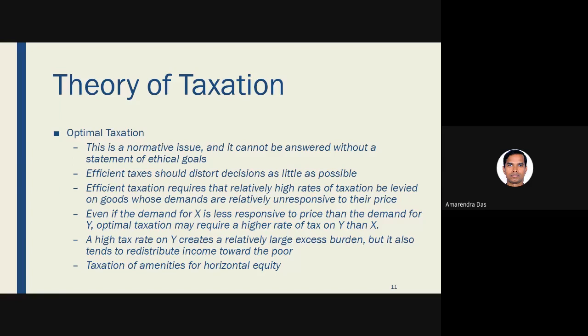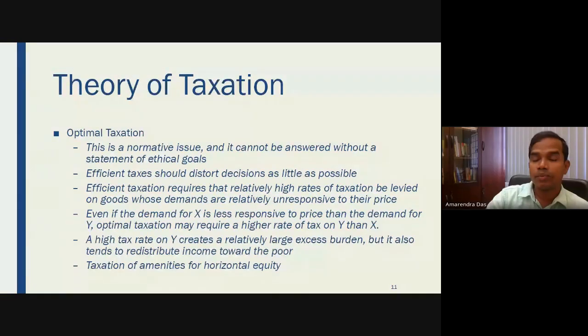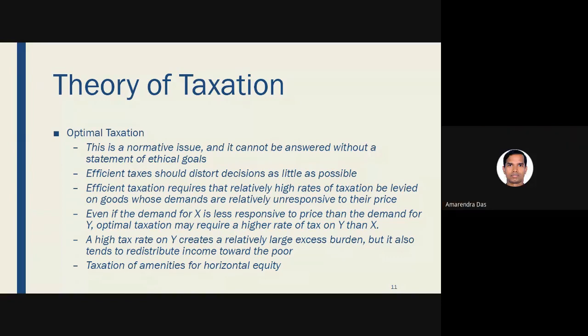But if you tax a large quantity, then poor people pay a higher proportion, because the total income of the poor people is less, and when they are paying the same quantity as the rich people pay, then in proportion they are paying more.